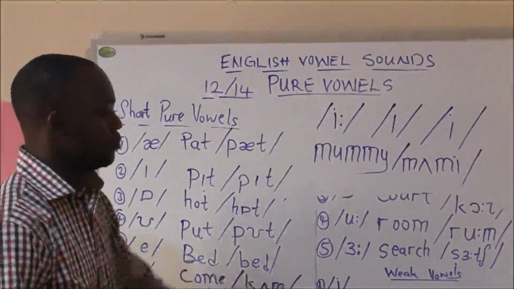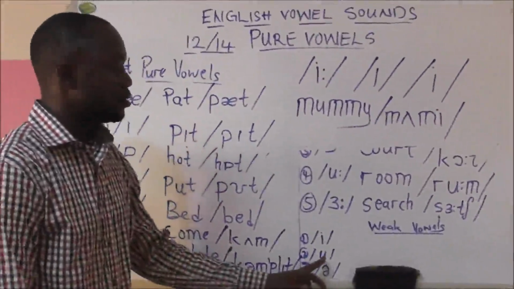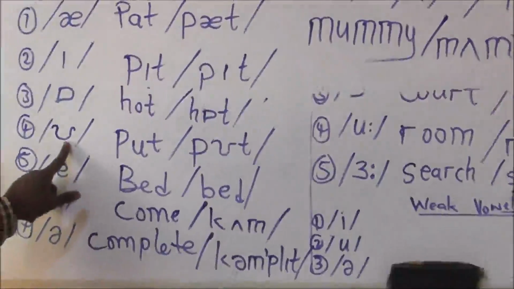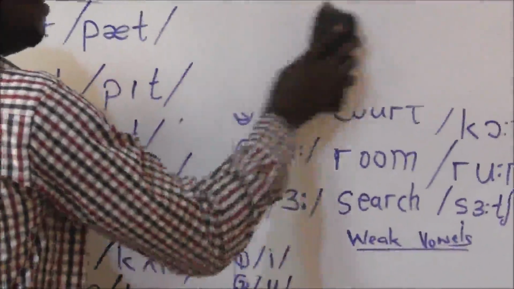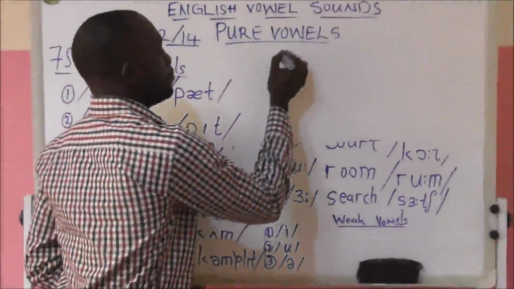And the second one, the second weak vowel that we have is U. It is related to this sound. Let's have it here.